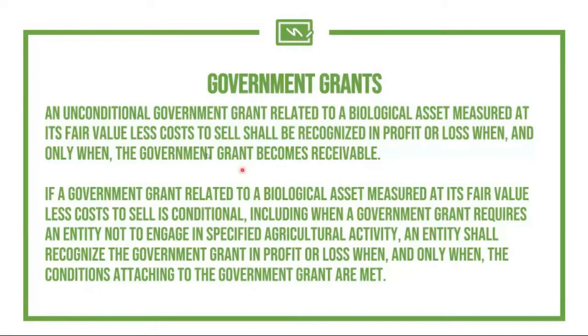However, if a government grant related to a biological asset measured at its fair value less cost to sell is conditional, including when a government grant requires an entity not to engage in specified agricultural activity, so meaning there is a condition, an entity shall recognize the government grant in profit or loss when and only when the conditions attaching to the government grant are met. So, if it is conditional, we need to wait for the conditions to be met.